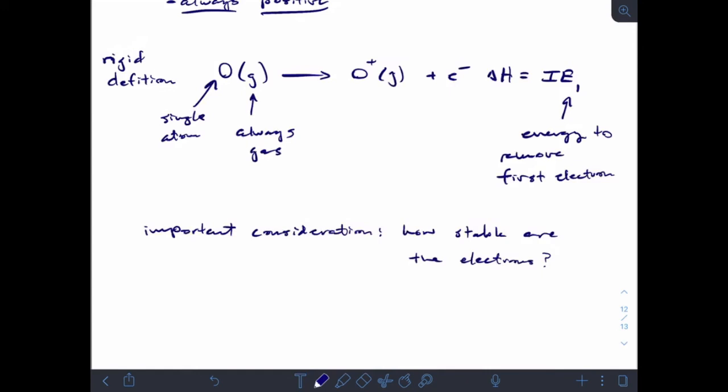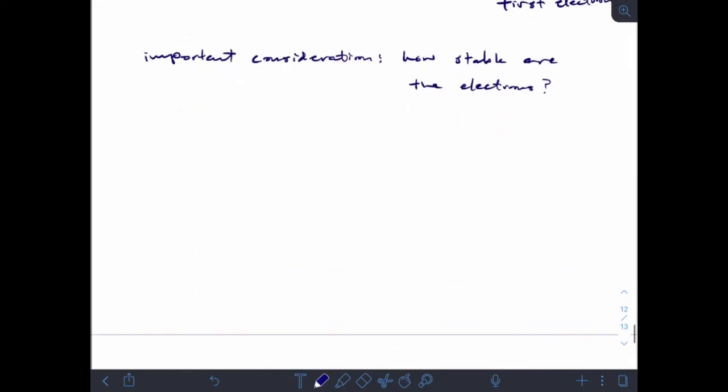Unstable electrons, it'll be easy to remove. So how does Zeffective relate to this? Zeffective is the effective attraction between the nucleus and an outer electron. So if that attraction is very strong, it's going to take a lot of energy to remove that electron.